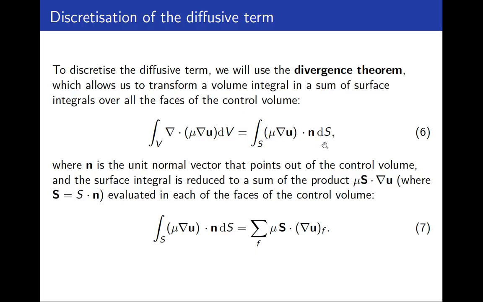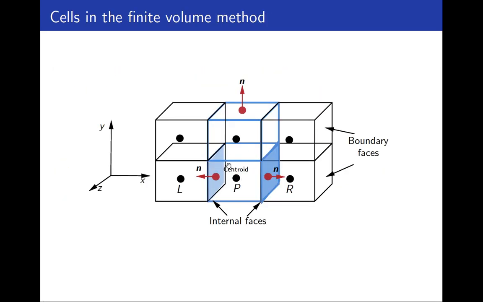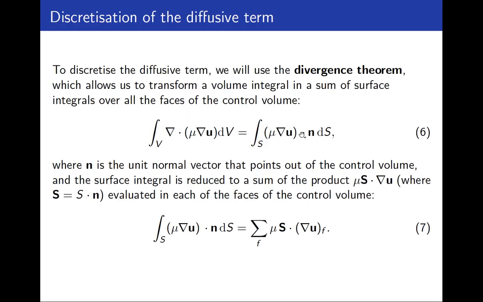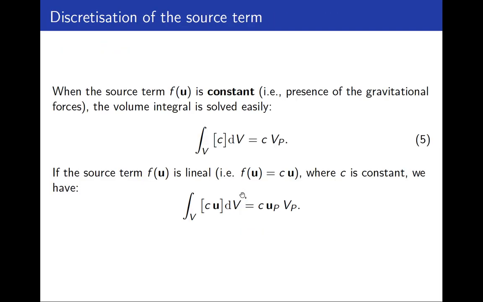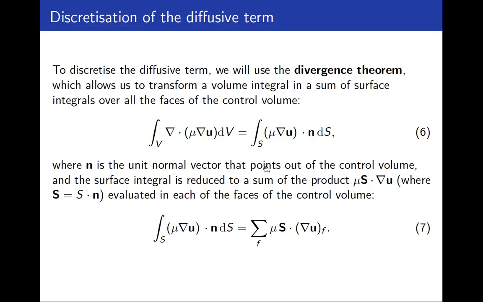this product multiplied by the area or the surface in each of the faces of the control volume. So let's say we have this cell which has 6 faces, so you have to estimate this diffusive flux of momentum multiplied by the surface in each of the faces of the cell. This cell has 6 faces, so at the end you sum that product in the 6 faces of your volume, and that quantity has to be equal to this volume integral.